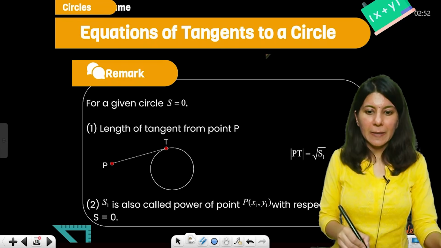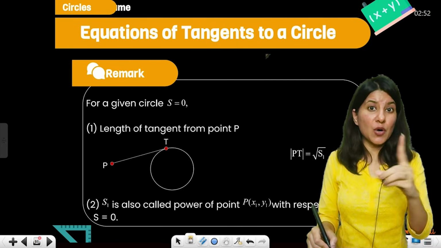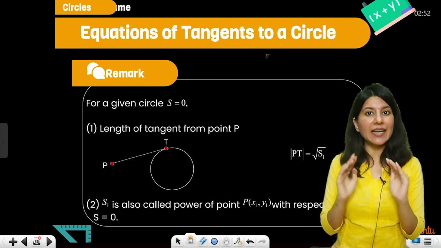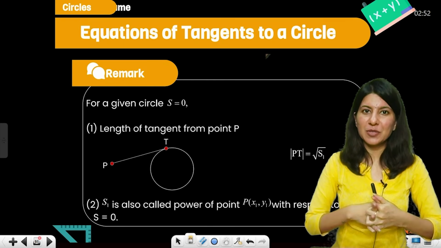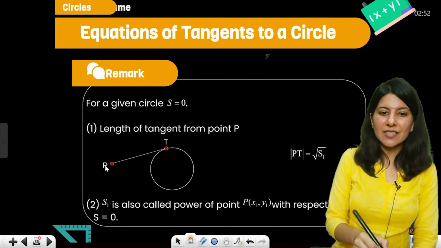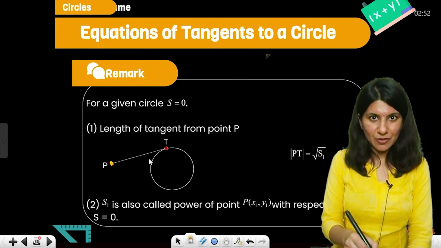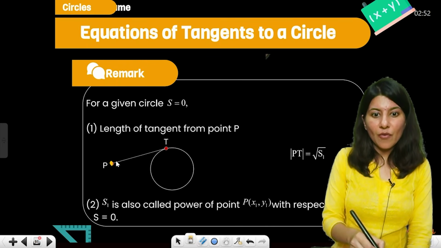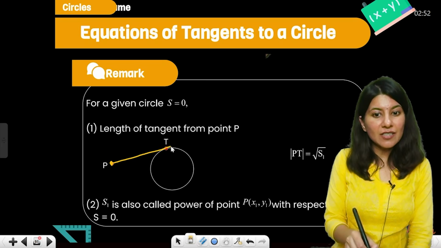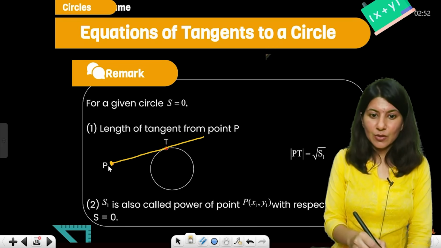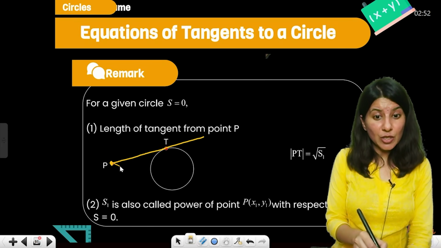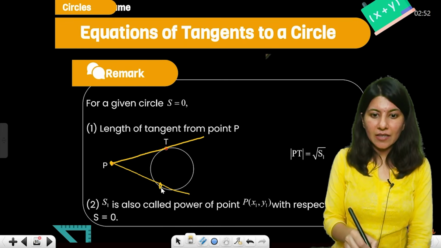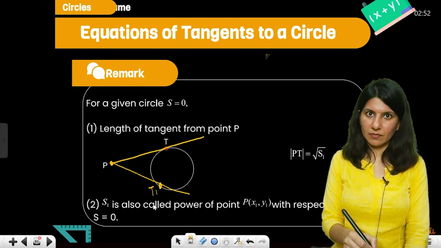Okay. All right. Now, one more concept, because remember I told you that there are two terminologies, S1 and T. T we have figured out where to use, but what is S1? Suppose an external point and a circle are given to you. Obviously you can draw a tangent from that external point, and actually two tangents can be drawn, PT and let's say PT1.